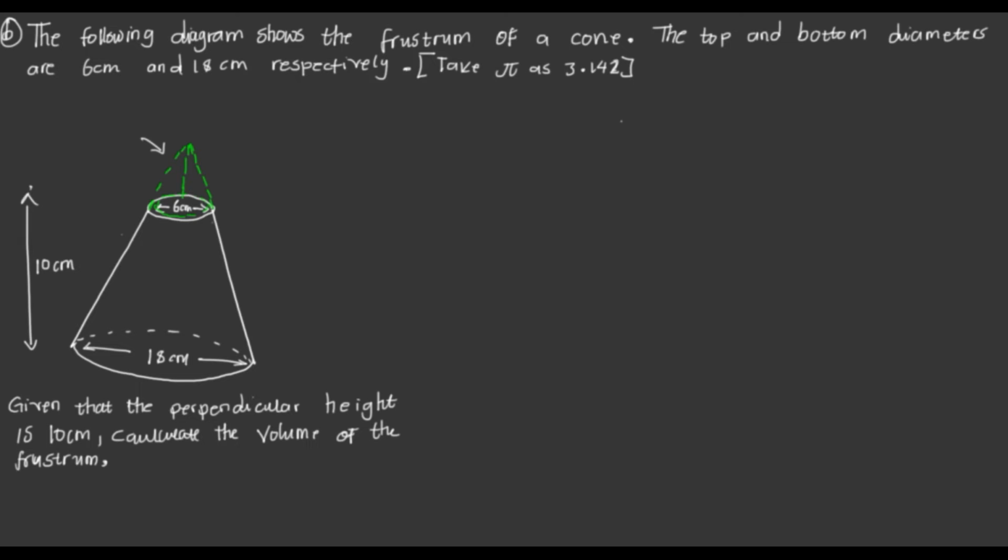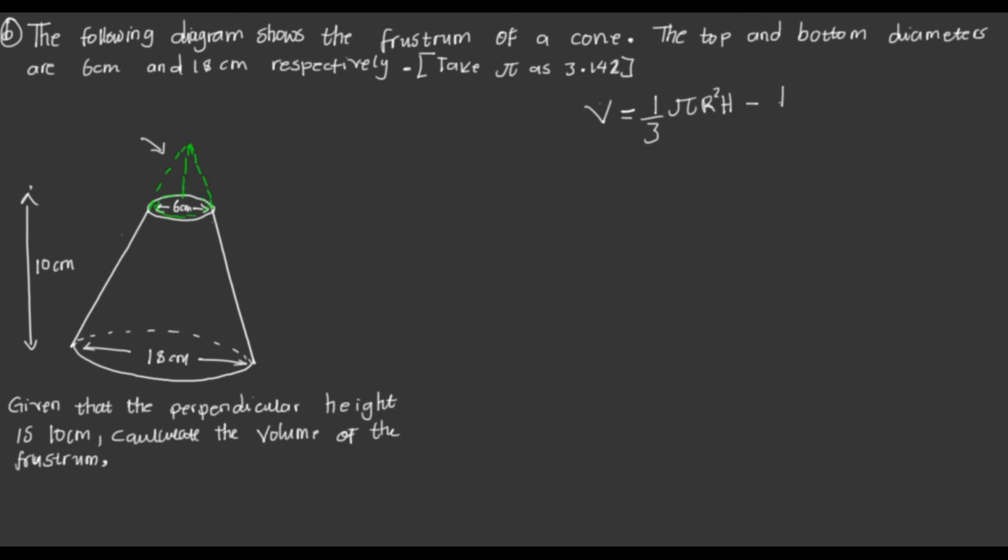Now, the formula for the volume of the frustum, we'll say 1 over 3 pi r squared h. The radius and the height for the big cone will be denoted using capital letters.